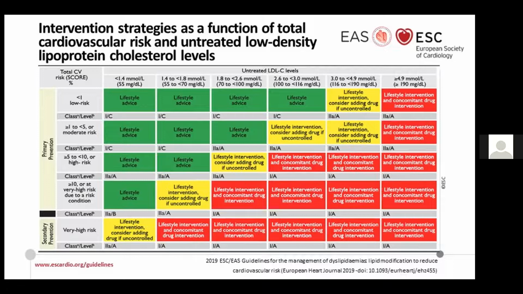But even in primary prevention, depending on how high your patient's lipids are and how high your patient's cardiovascular risk is, there are also instances where you should start concurrently lifestyle and statin.